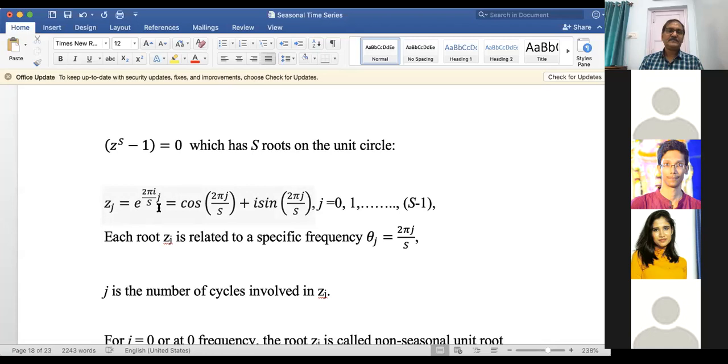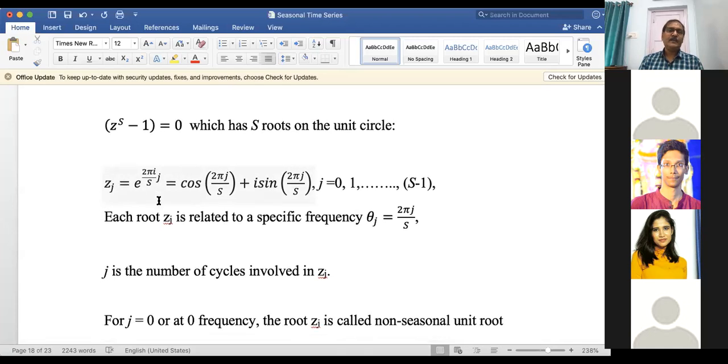This is the value of the jth characteristic root, which we first express in exponential form, e to the power 2 pi i by S into j, where S denotes the seasonal frequency and i is the complex number.